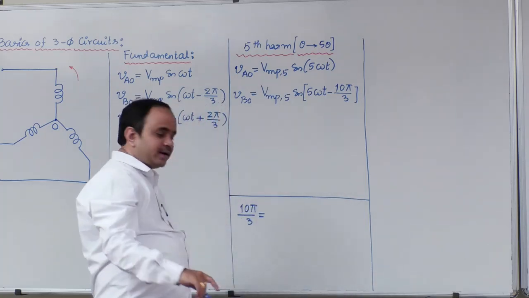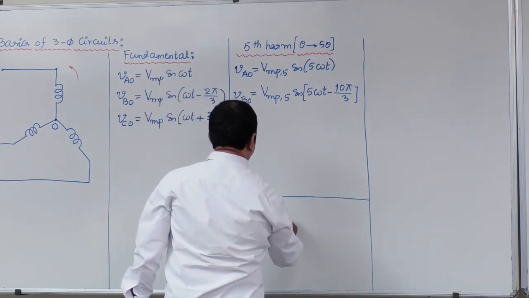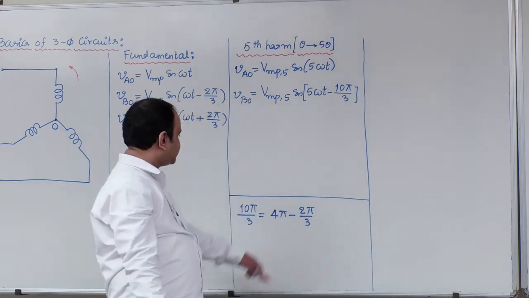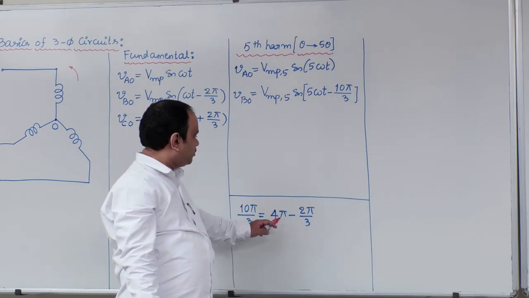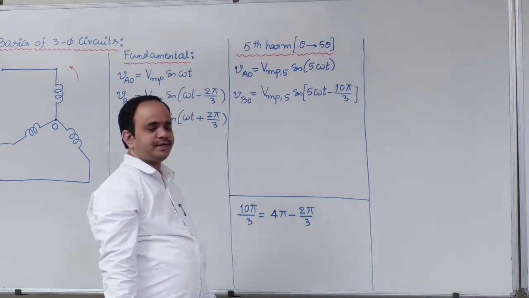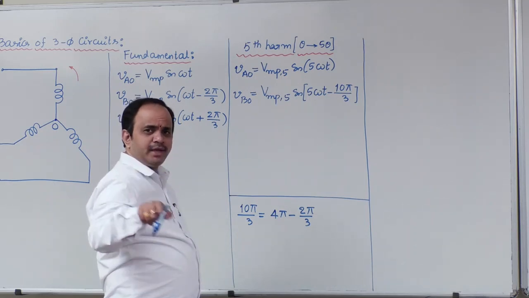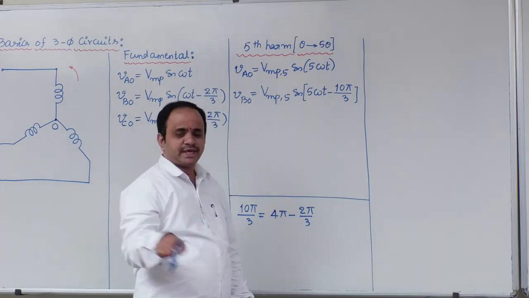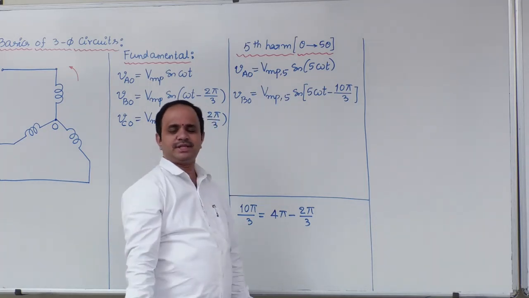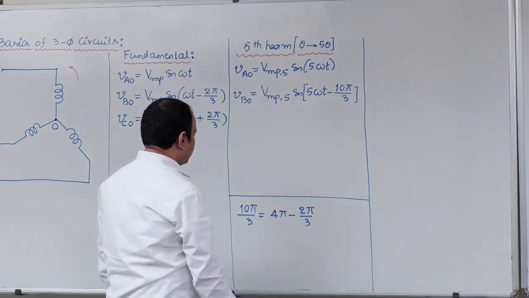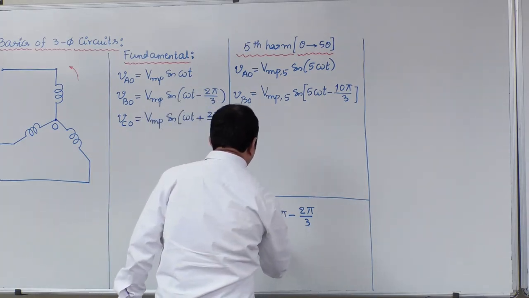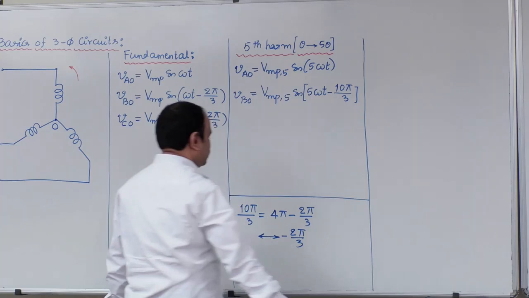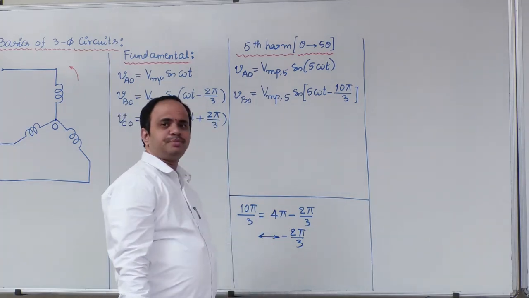It can be written as 4 pi minus 2 pi by 3. If you take the LCM, you get 12 pi minus 2 pi, that is 10 pi by 3, right? 2 pi is one rotation, the same as 0. After the second rotation, 4 pi is again the same as 0 in a sinusoidal waveform, isn't it? Therefore, 10 pi by 3 is just the same as minus 2 pi by 3.